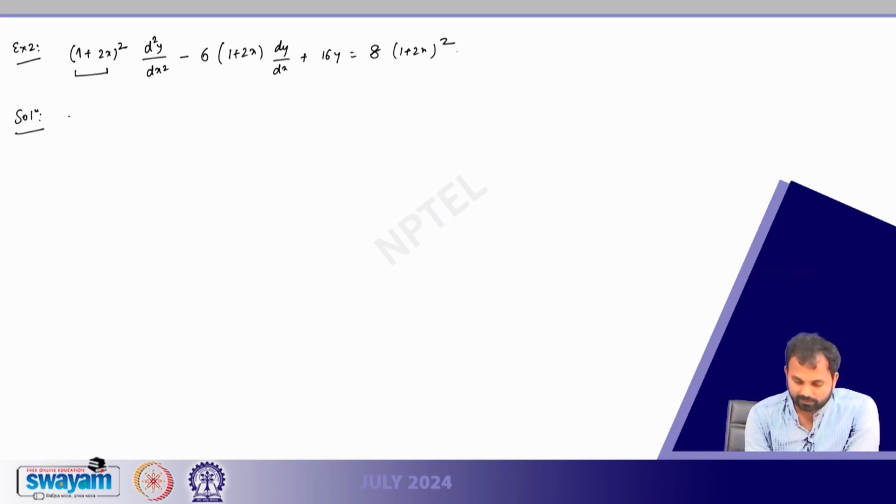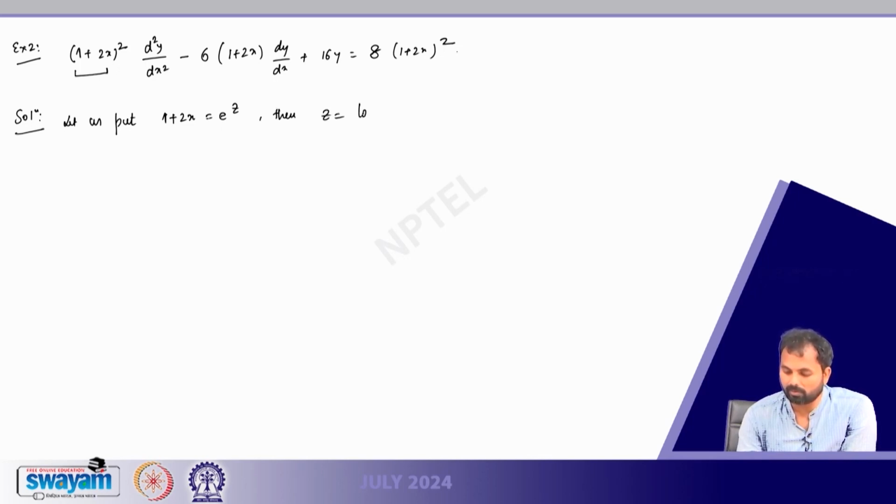So let us put 1 plus 2x equals e to the power z. Then we will have z equals log to the base e of (1 plus 2x). Alright, so I will just calculate dy/dx, the rest of them I expect you to calculate.